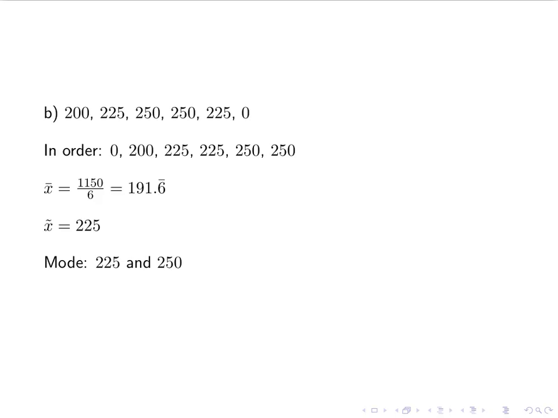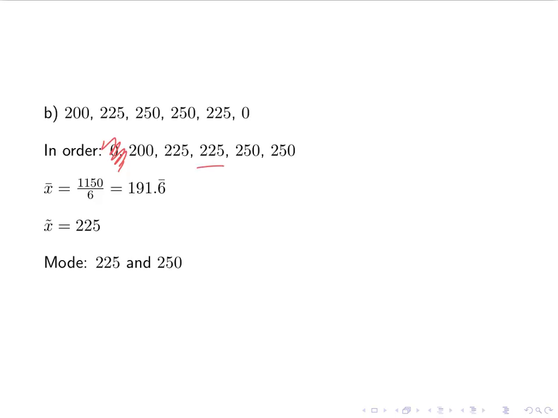So we want to see what happens if I get rid of the outlier. So what if we pretend that number's not there? How does that affect our measures of center? So our median, notice, would be the same. Of those 5 values, our middle value is now exactly 225.